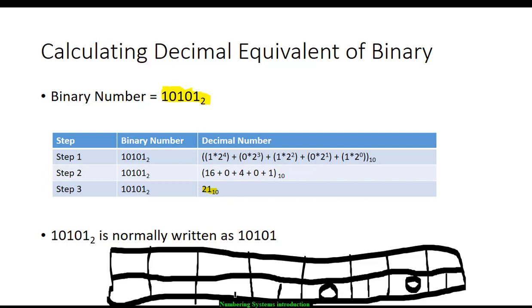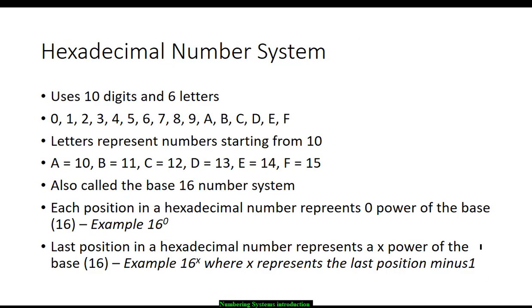If you look at it in binary, this will all be 0, 0, 0. And if you look at your base 2, you would see 2 to the power of 0 is 1. Correct me if I'm wrong. 2 to the power of 1 is... All right, I gave you time to think.